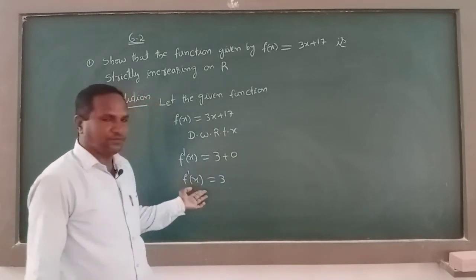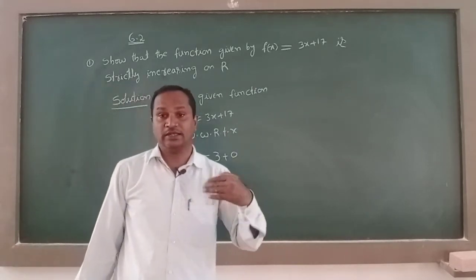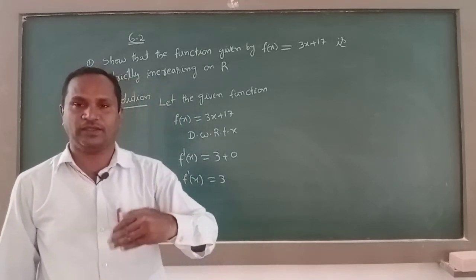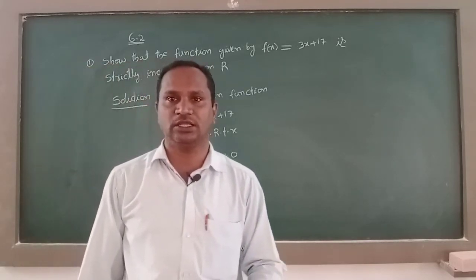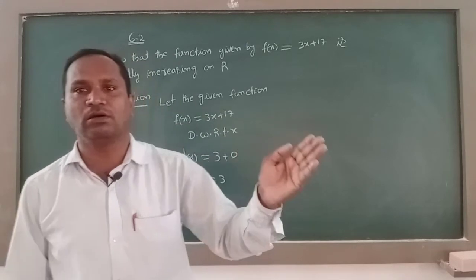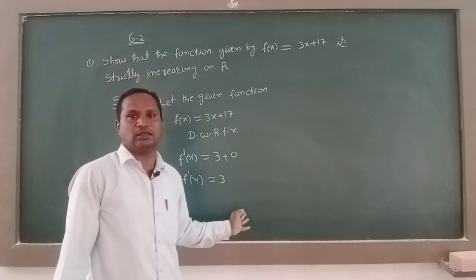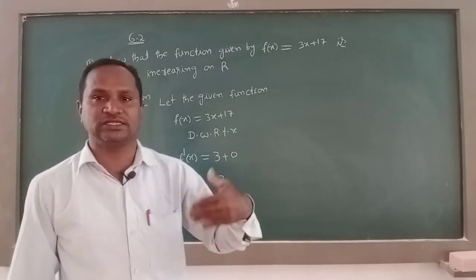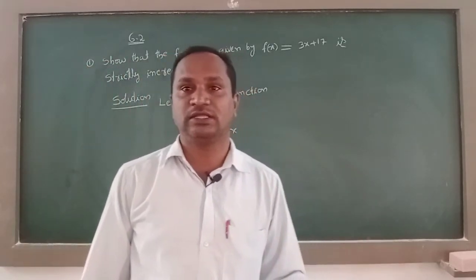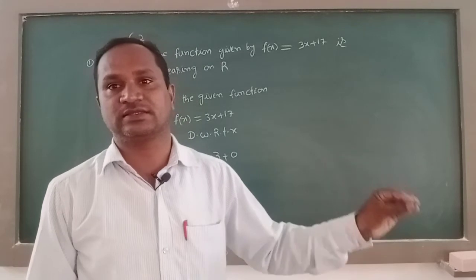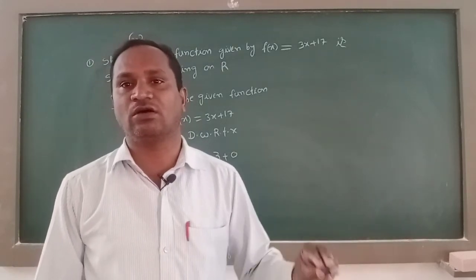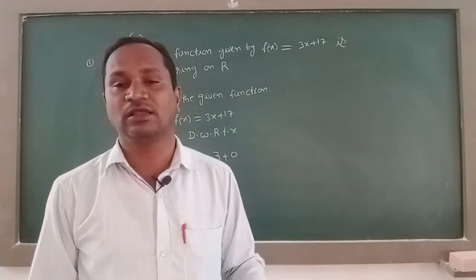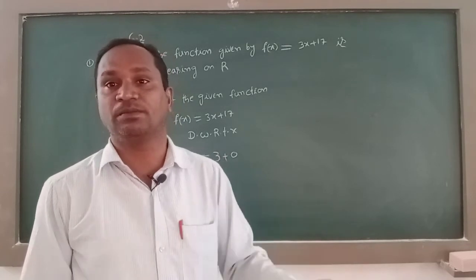If we take a differentiable function defined at any real number, 3 is always greater than 0. If it is always greater than 0, we can easily tell that it is a strictly increasing function for all x belongs to capital R. We should write it in words like that after completing this answer.